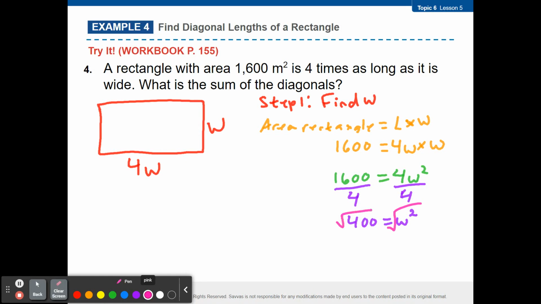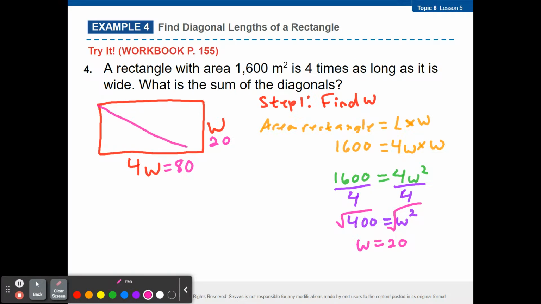So this is just, again, a little bit of a review of algebra concepts. So then W in this case equals 20. Okay, now that we found W, that ends up being 20, this ends up being 80. And that's going to help us find the diagonals.